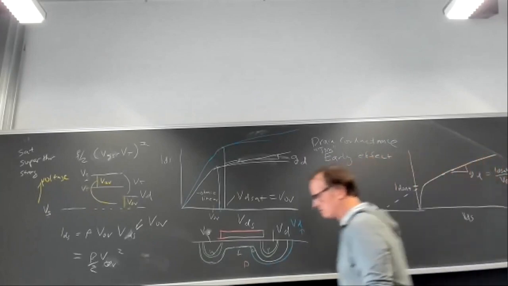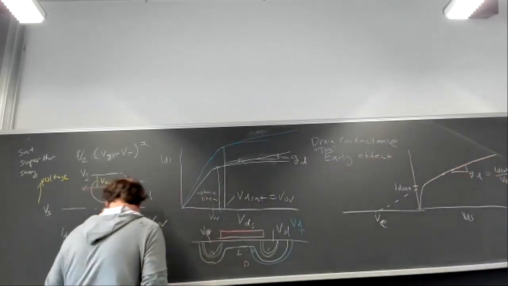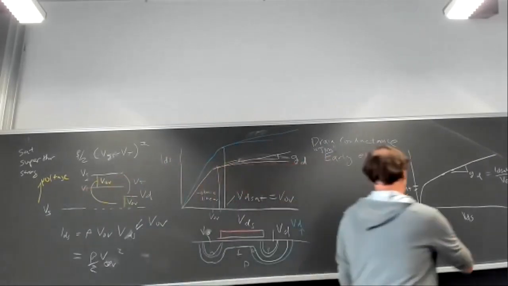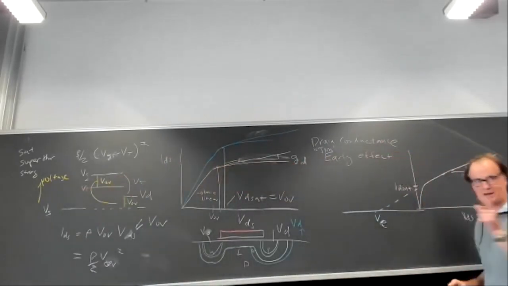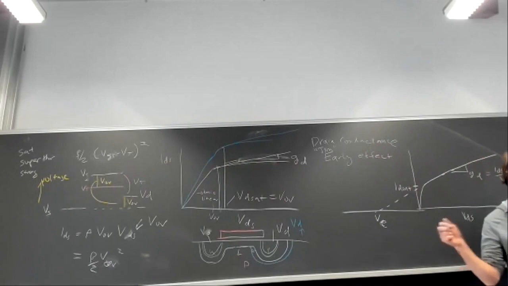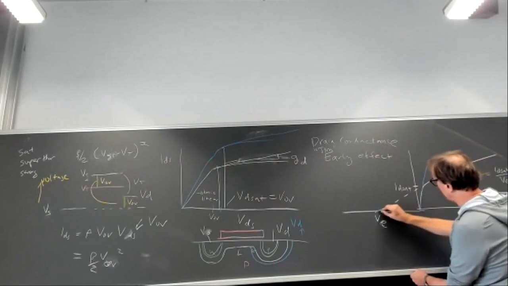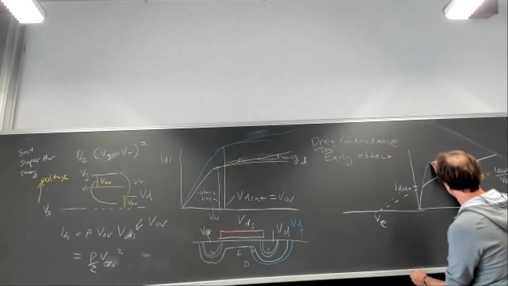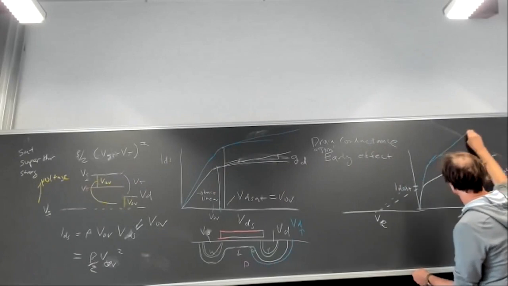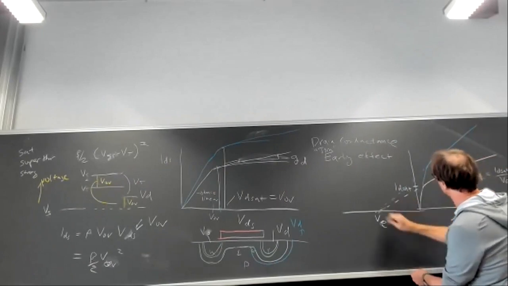Now, if I increase the gate voltage, I'm going to get a different curve, right? But because this Early effect is just a geometrical effect on the transistor, if I increase the current, all I have to do is draw a line like that. And then the curve gets steeper, so it intercepts at roughly the same place.